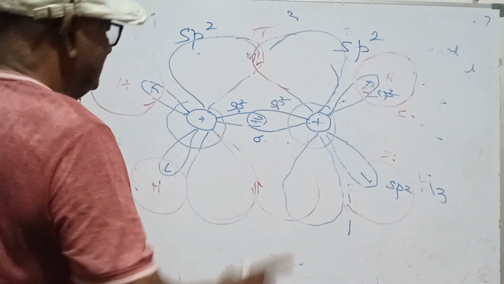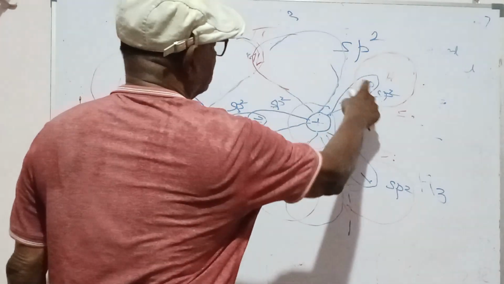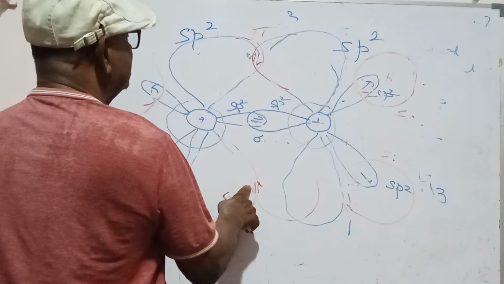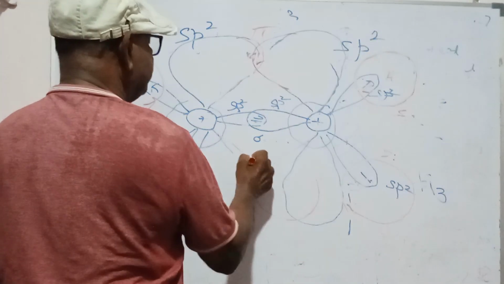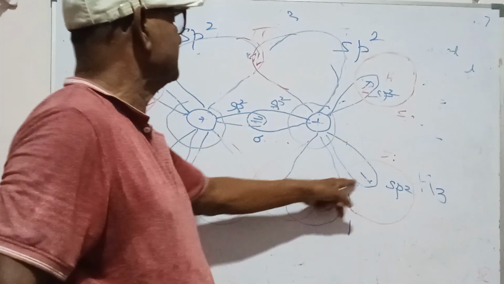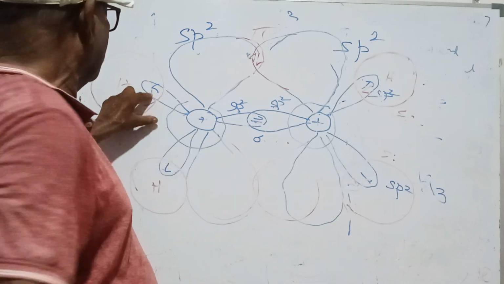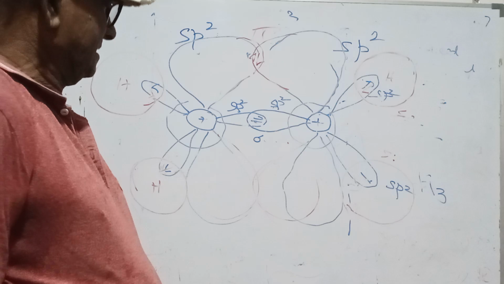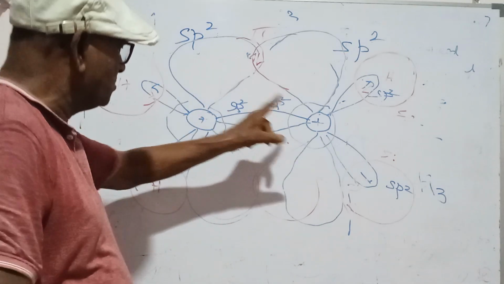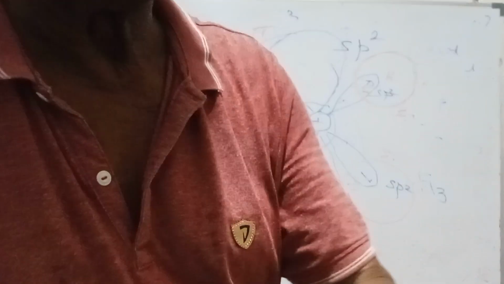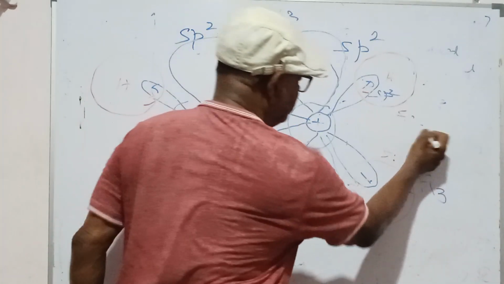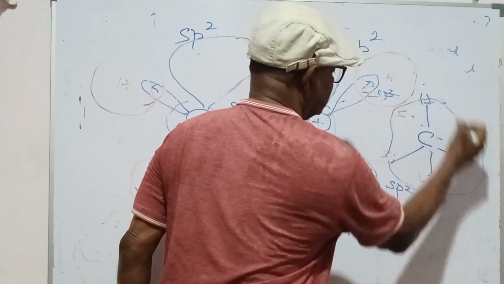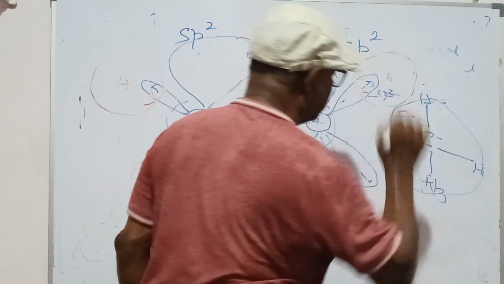Now see here, this carbon atom has 1, 2, 3, 4, 5, 6, 7, 8. Completion of the octet. This also has a completed octet. 1, 2, 3, 4, 5, 6, 7, 8. So it is clear that the sp2 hybridized carbon atom forms a planar molecule like this, forming four sigma covalent bonds.